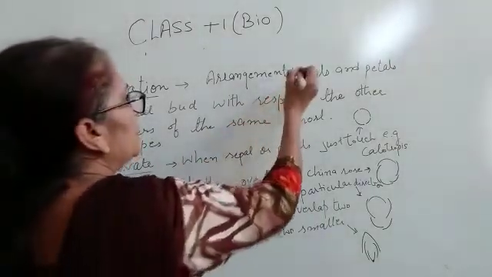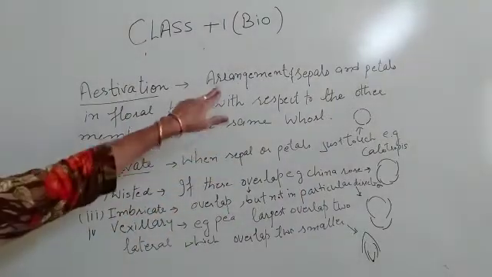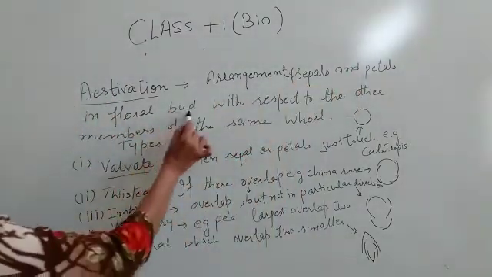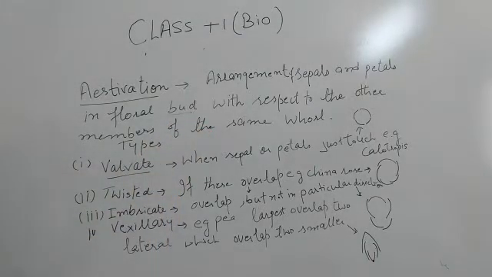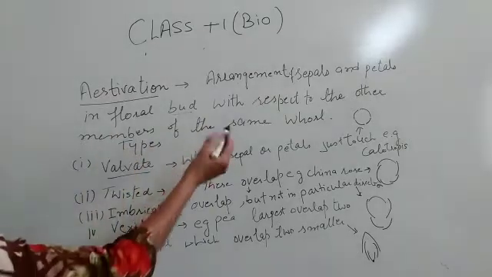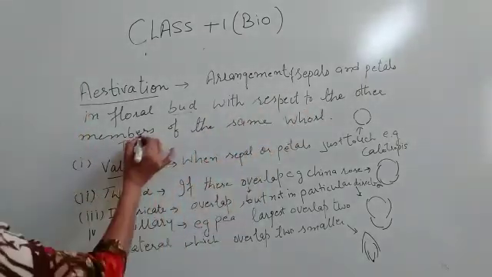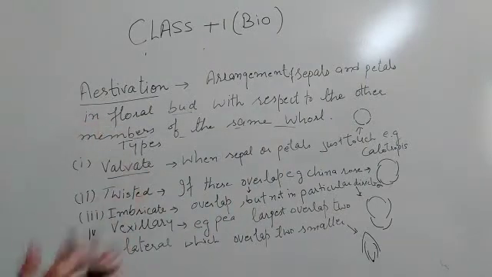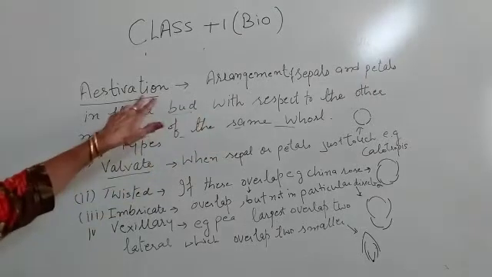Now you know better what sepals and petals are. So it is the arrangement of sepals and petals in the floral bud, when the flower is in the bud condition. So what is the arrangement of sepals and petals with respect to the other members of the same whorl? Means how all the sepals are arranged, and how all the petals are arranged. That arrangement is called aestivation.